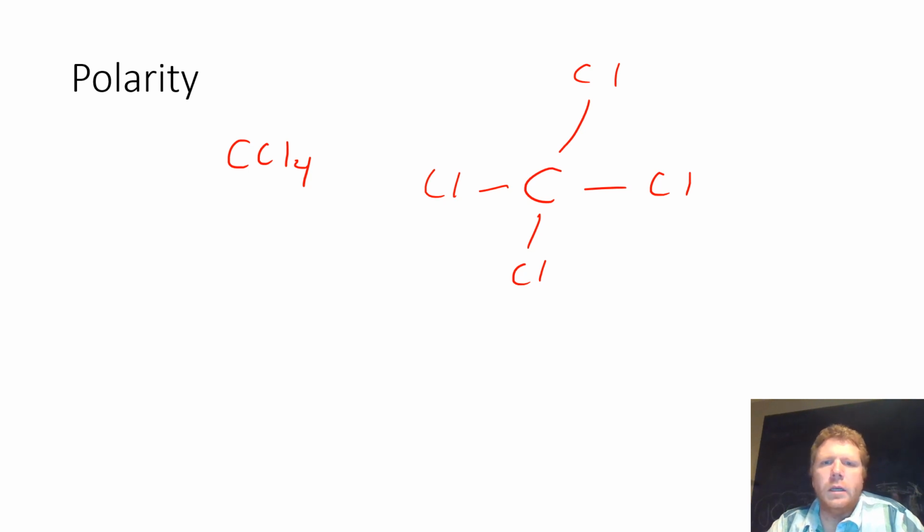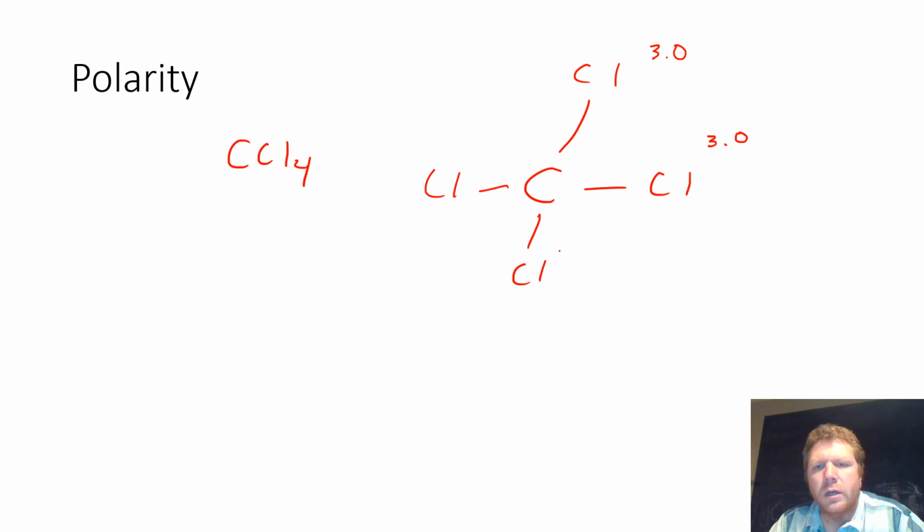And he assigned values to all of these different elements, and the value for chlorine, for instance, is 3.0. We use a scale that ranges from effectively 1 to 4.